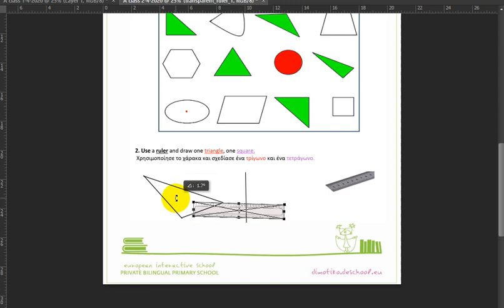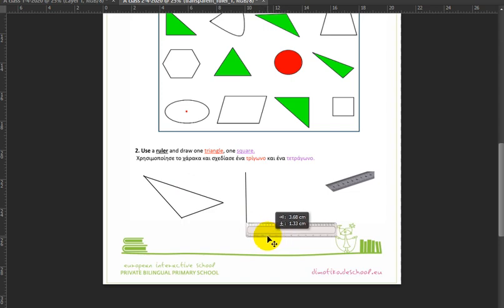So you could measure it and see exactly how big it is. But again, it doesn't matter at this stage if we are extremely precise. I just want you to have a general idea of what we're talking about.